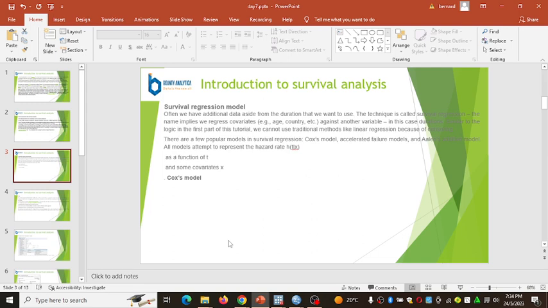The name implies that we regress the covariates, for example age, country, all those things, against another variable. There are a few popular models in survival analysis. In survival regression, we have something like Cox.